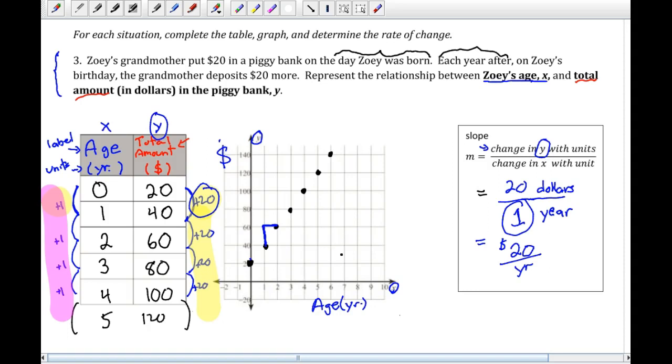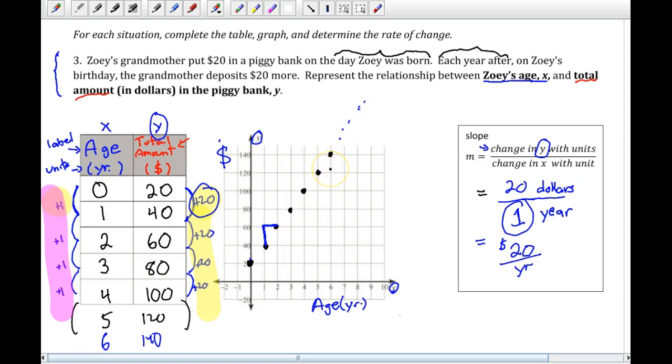Now the next question, which would be for another day, is how can we predict with this information how much money there's going to be there in 20 years, in 26 years, in 37 years? You can see, I could keep going, 6, 147. I mean, I could keep going to 37. That would take forever. My graph, I'm kind of out of space. I can't go any more on here.